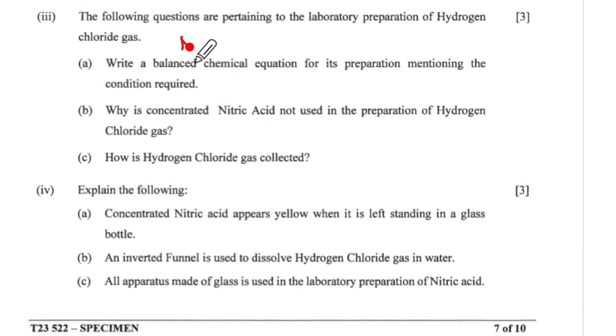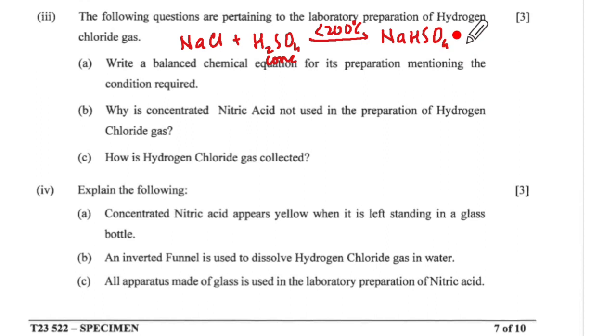Now for HCl, we are going to take rock salt, that is NaCl, and then we are going to take sulfuric acid, which is concentrated, and we are going to have less than 200 degrees C, which is the condition, and we are going to get NaHSO4, which is the acid salt, and we will get HCl, which is in gaseous form. So we have written this along with the condition. Now if they say mention the condition, you could write separately the condition that the temperature should be less than 200 degrees C.